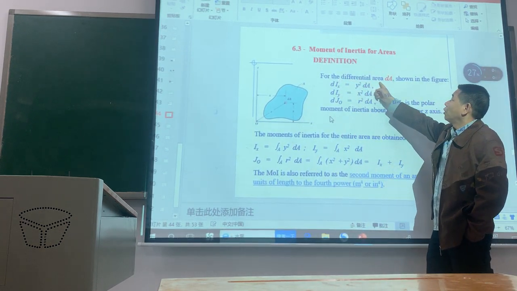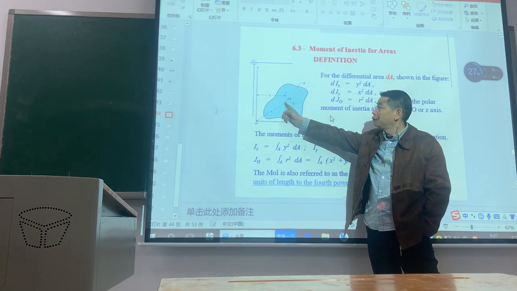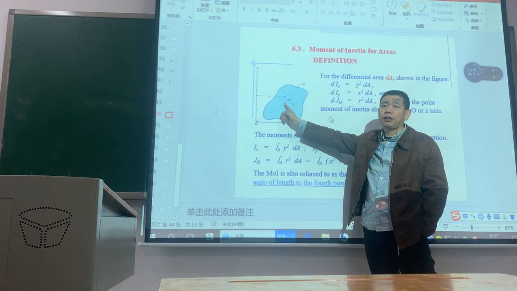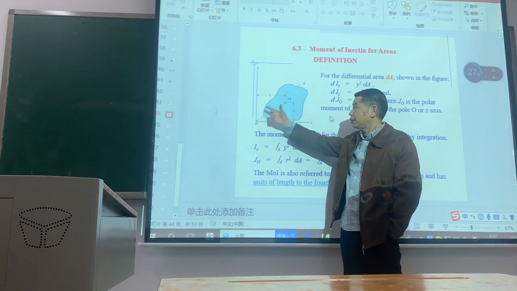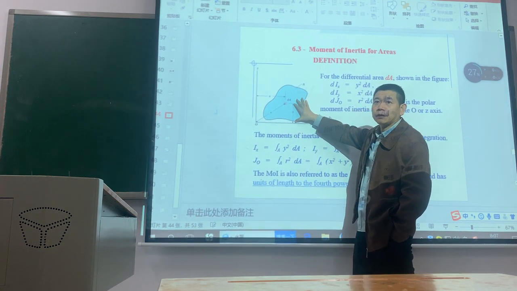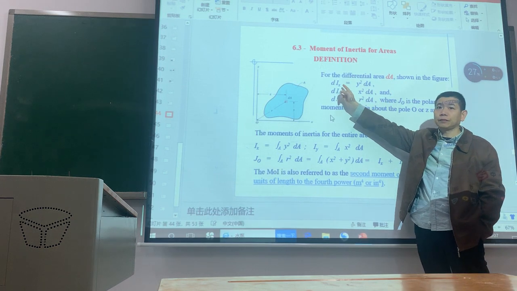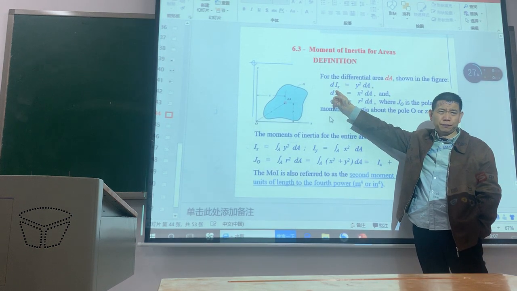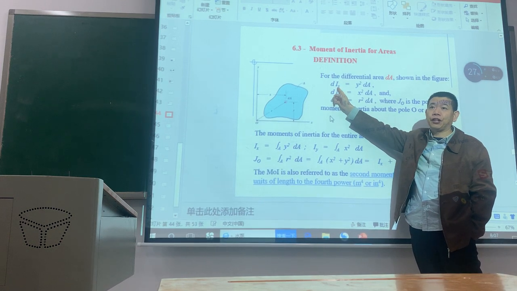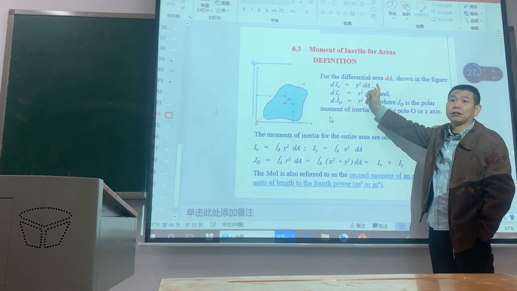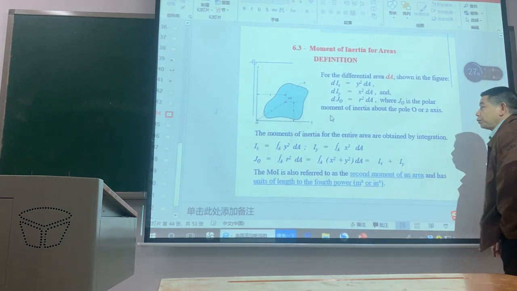For a differential area dA, there is a distance x and a distance y. We define the moment of inertia of dA as y squared dA. That is the definition.